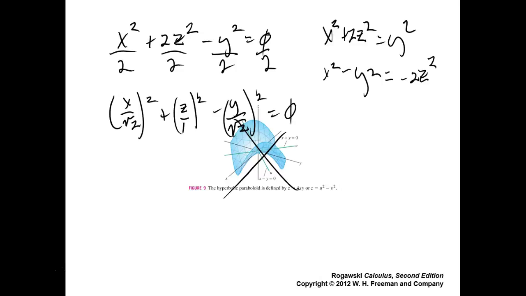Okay, flip them the other way, and that would be 2z squared minus y squared is equal to negative x squared. And again, here, this is the vertical trace along the x-axis, but again, you get the hyperbolas like this.